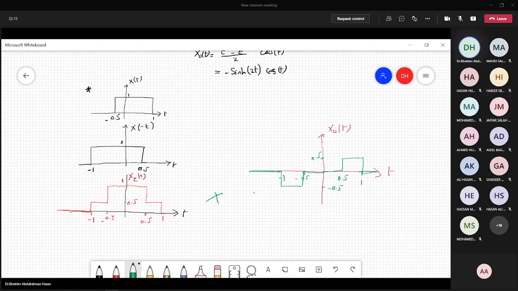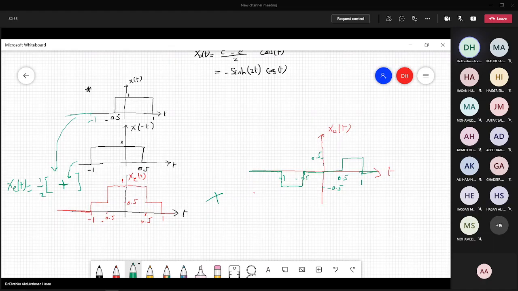For the even part, I added the two, I am applying the formula. For x even, it is the summation of the two halves: summation of this plus this. Same as what you have in the tutorial, addition. So we add point by point. Starting from here, this is minus 1. Before minus 1, this is 0 and this is 0, so the addition becomes 0.